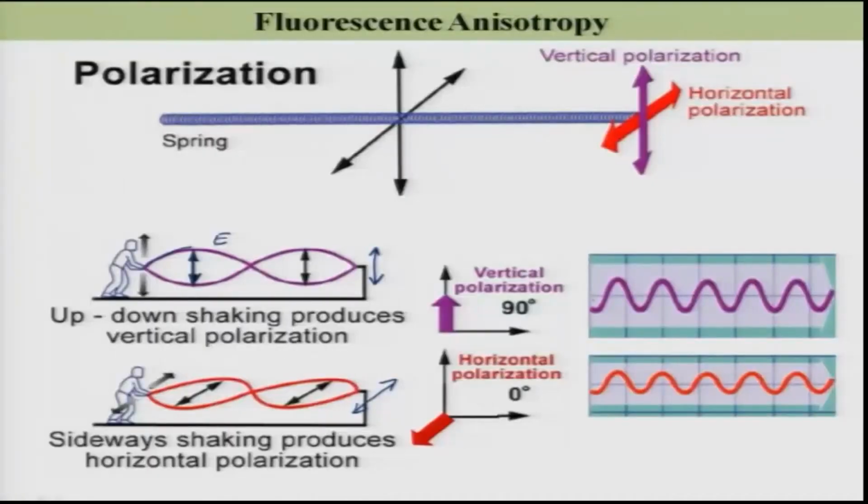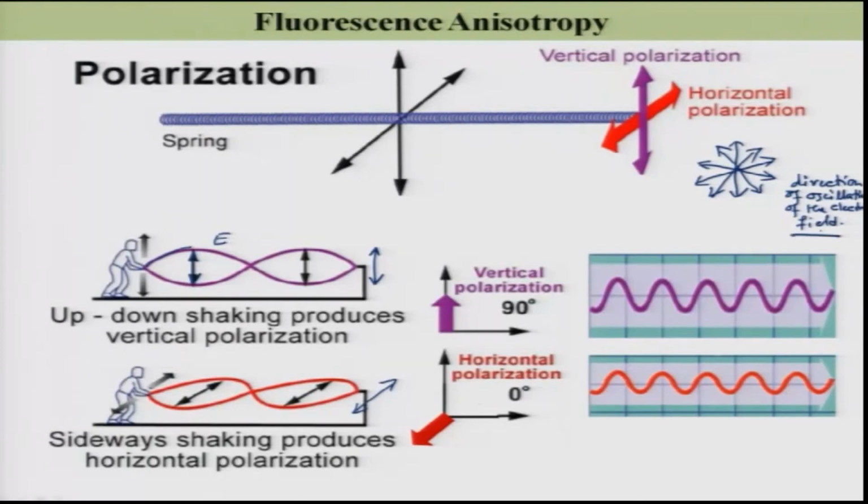So, the electric field is either in this direction or this direction, all possible directions are possible. This is the direction of oscillation of the electric field.